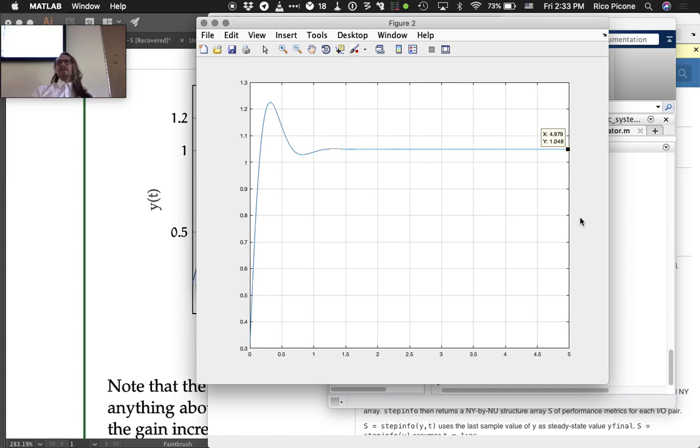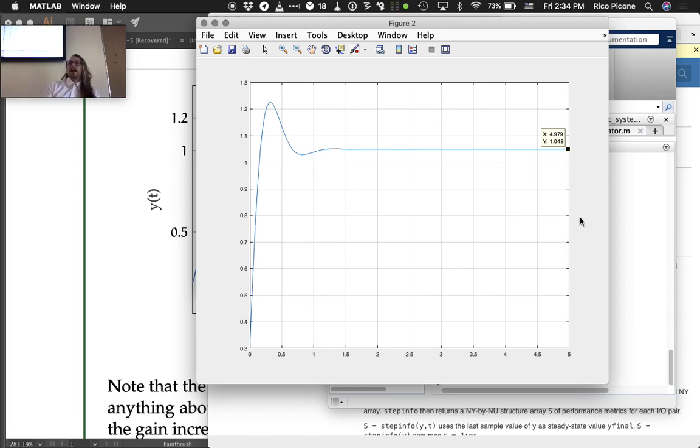Like everything changes. The entire root locus changes. So next week when we learn how to do PI control, proportional integral control, we'll learn how to mitigate the effects on the transient response of putting in an integrator. So we'll talk more about that next week.